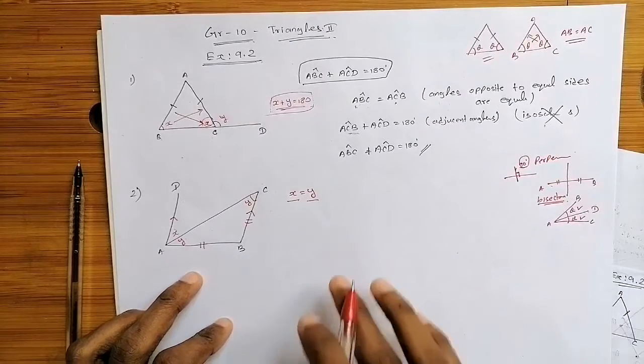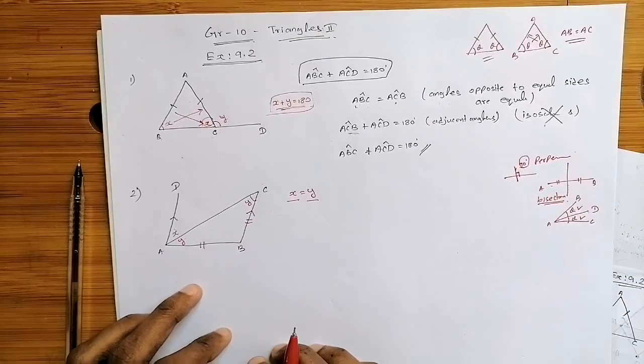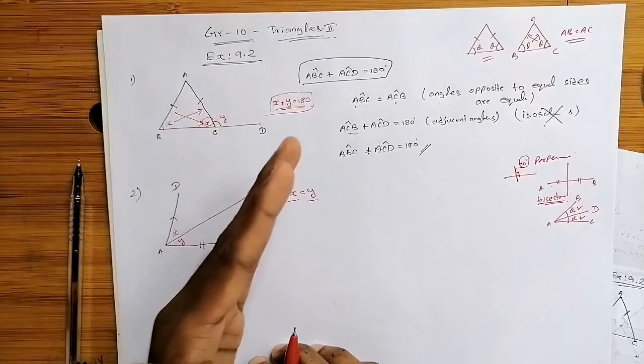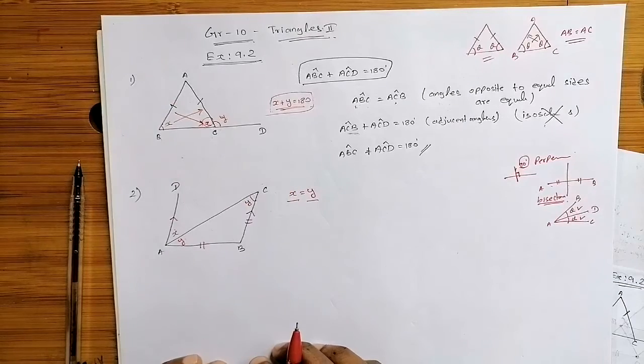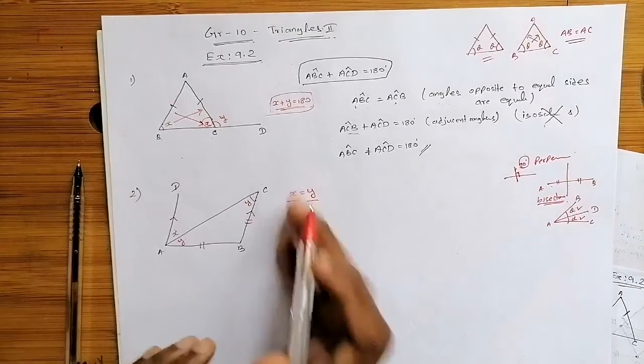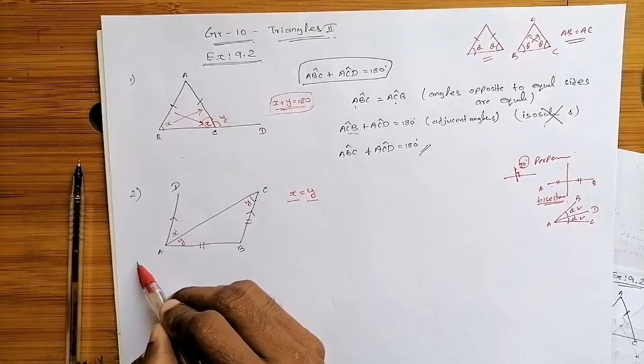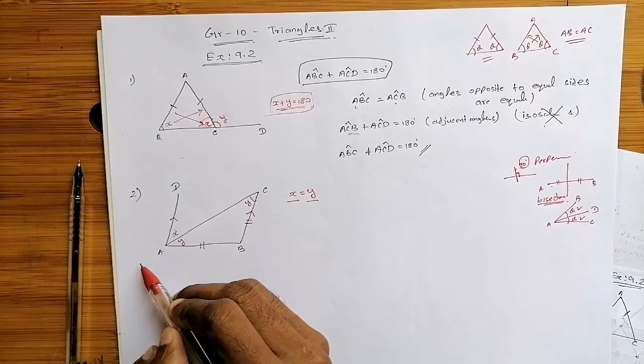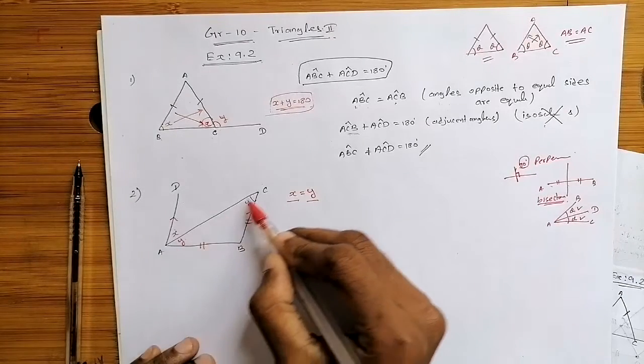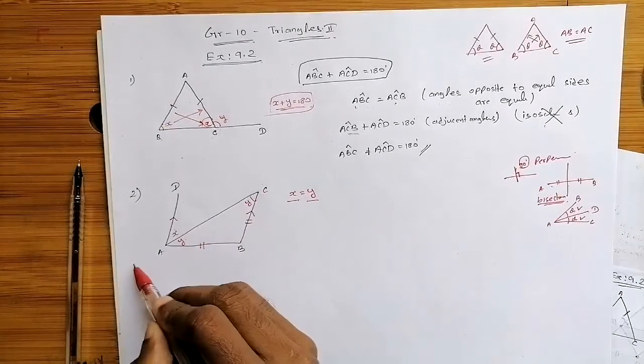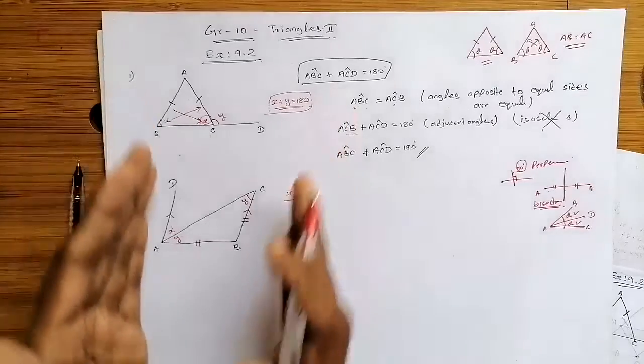Okay, we use the second data. What is the second data? AD and BC are parallel. So AD, BC are parallel. The line AC is a transversal. It intersects two parallel lines.